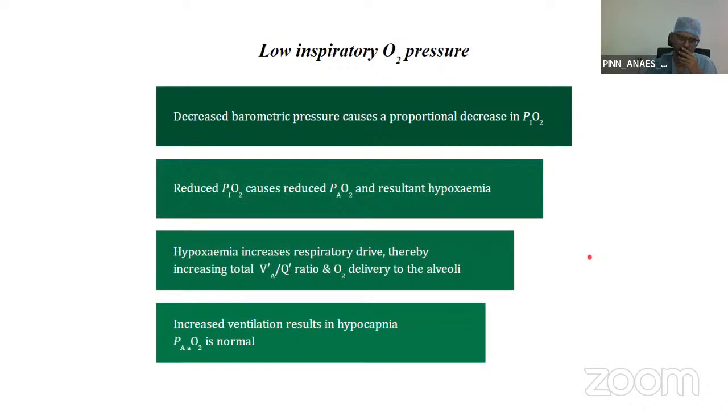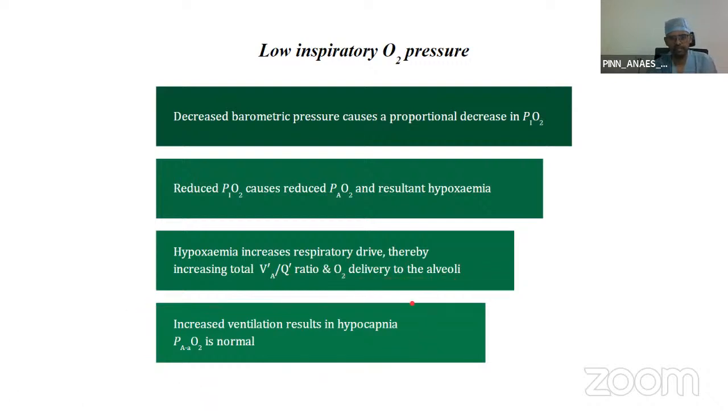At altitude, we know that there is a drop in barometric pressure. So the decreased barometric pressure causes a proportional decrease in the inspired oxygen tension, which reduces the alveolar PO2 and causes hypoxemia. As a result of hypoxemia, the respiratory drive increases, causing hyperventilation and increasing total VQ ratio and oxygen delivery to the alveoli.